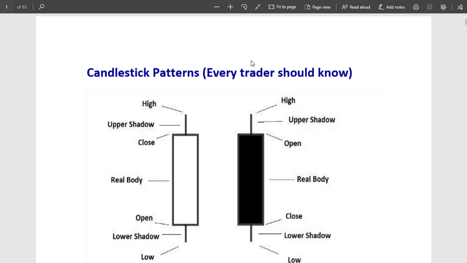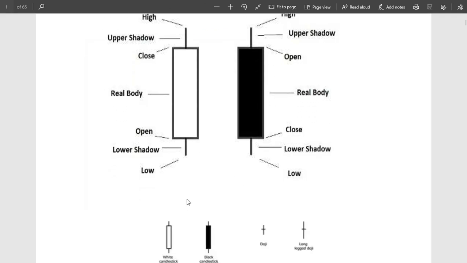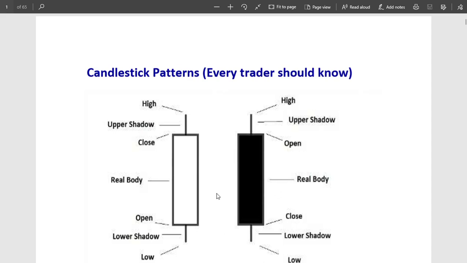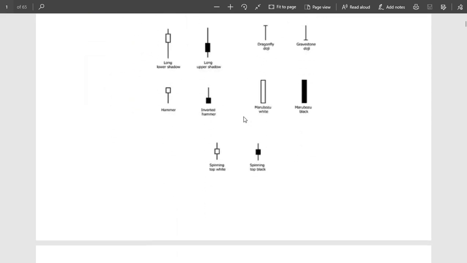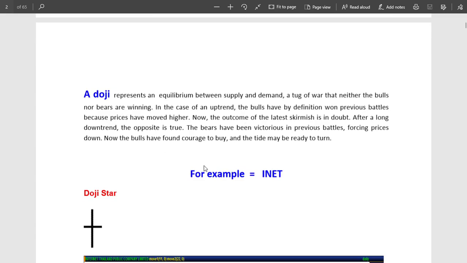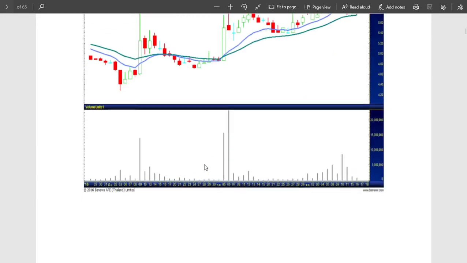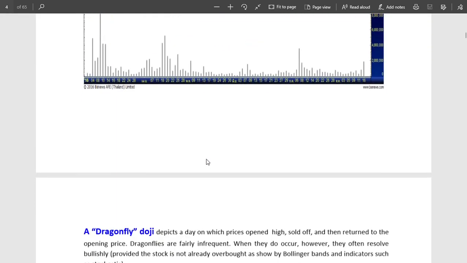This is a candlestick pattern series, and in the video I did earlier, I explained what the candlestick is, the essence in a price chart. I explained all of these patterns in the previous video.